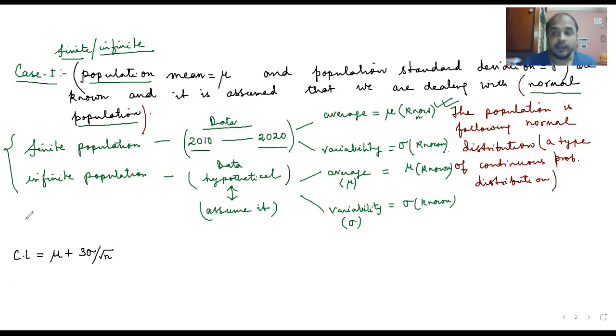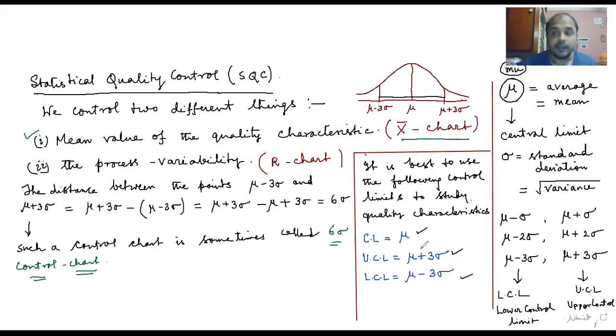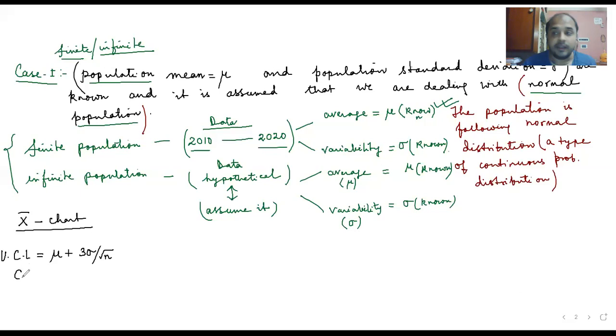I'm writing this formula for the X bar chart, because on the previous page I only wrote mu plus 3 sigma, which is the general structure. For the X bar chart, this is your UCL. Your CL will be mu, and your LCL will be mu minus 3 sigma by root n.